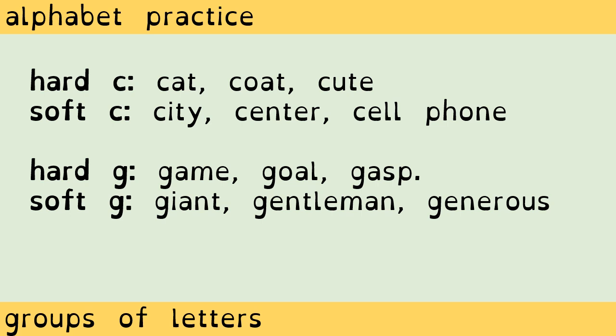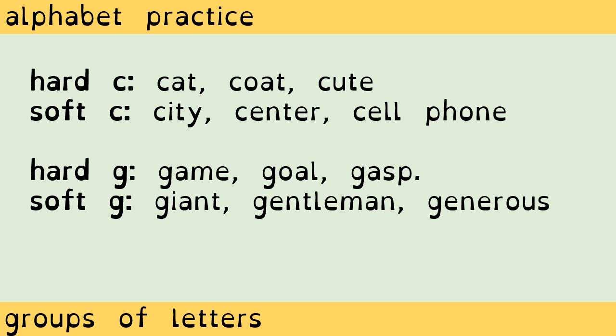So for now, I will just say that the soft sound, or S, appears before the vowels E and I. If the letter following the C is not an E or an I, the sound will be a hard C, or a K sound.